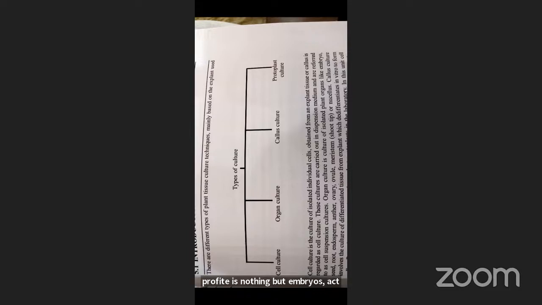By culturing ovules, that is called gynogenesis. San Noum in 1976 reported haploid plantlet regeneration via gynogenesis in barley.